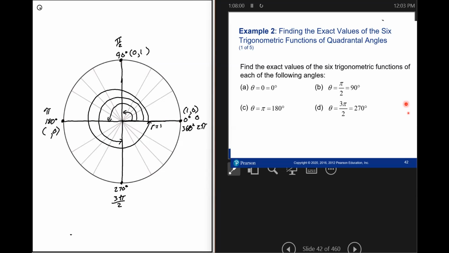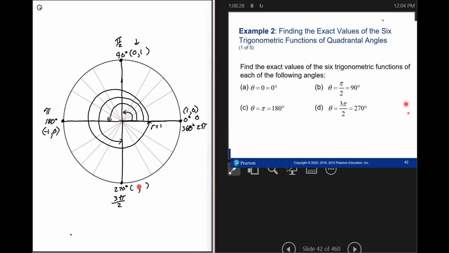-1. I know it's 1 unit away from the origin, but it went in the negative direction as far as X is concerned. And so this point down here at 270 degrees, we have a similar situation as what happened up here at pi over 2 or 90 degrees, except what happens to the Y value when you're going down? They become negative.